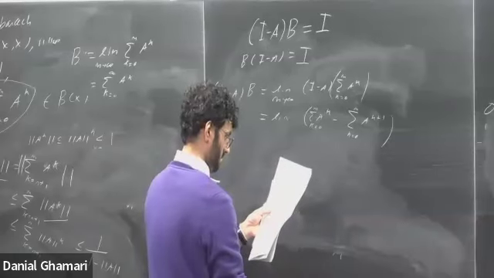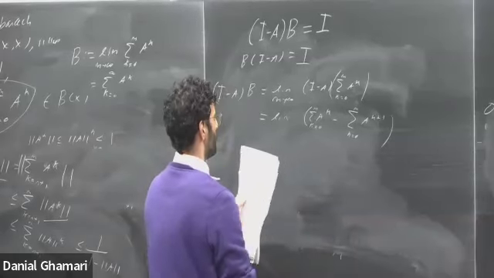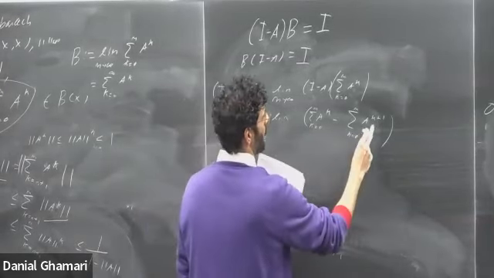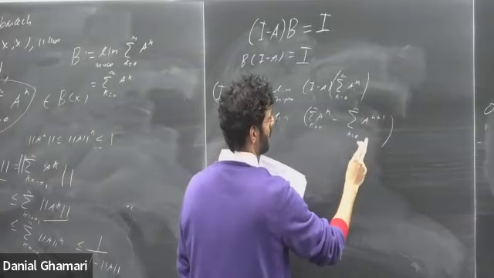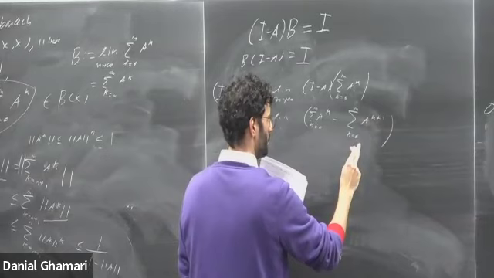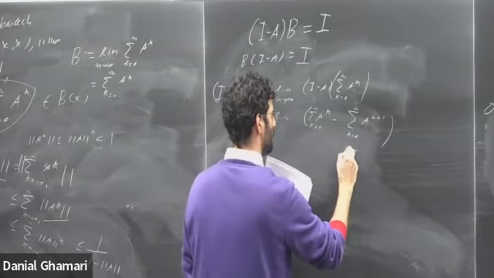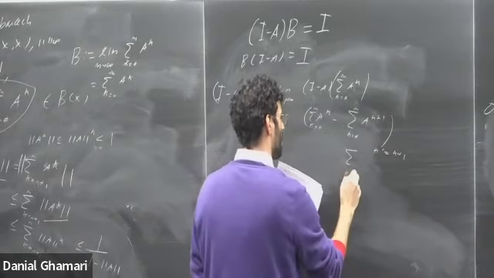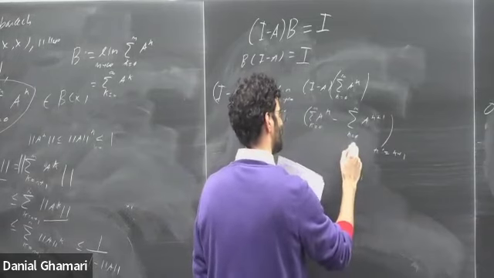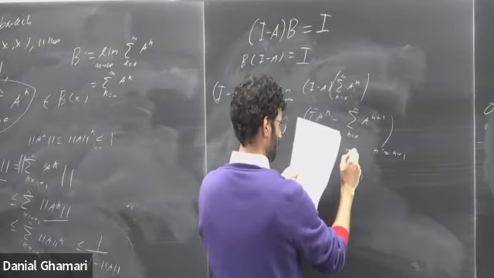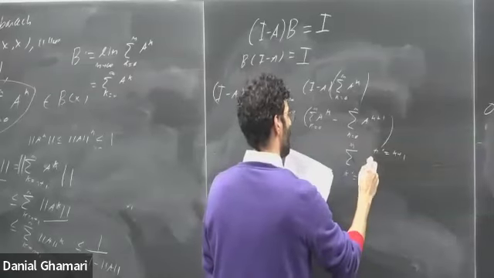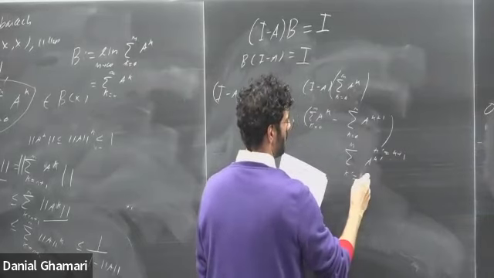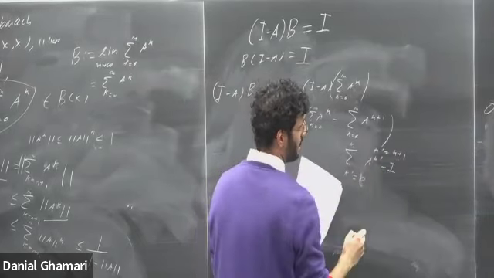Okay. So now I'm going to apply an index shift here. If I define k prime to be equal to k plus 1, then k prime starts at 1 and goes up, and this is a to the k prime. But then I can shift this down to 0 and subtract away the identity.